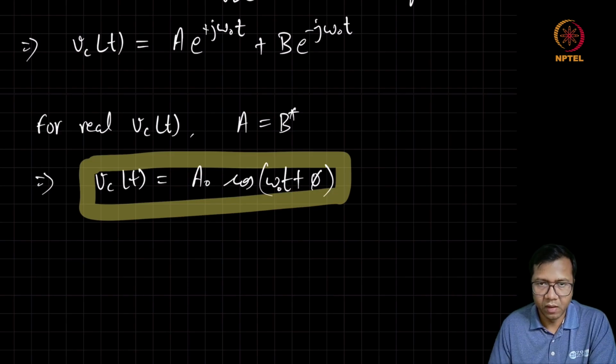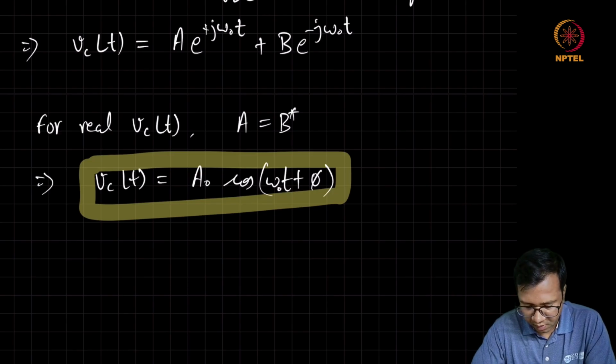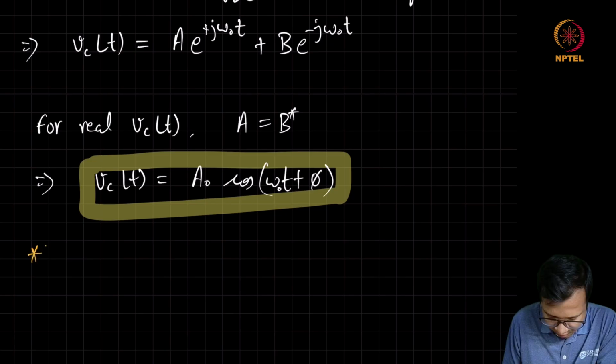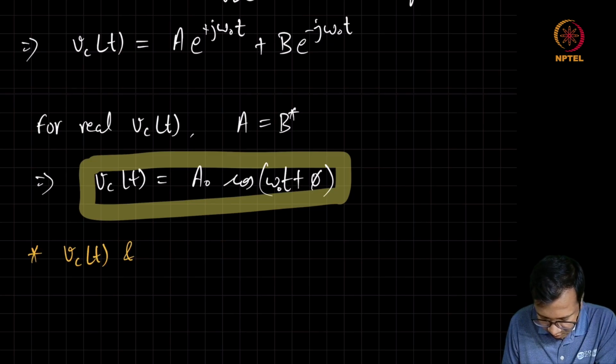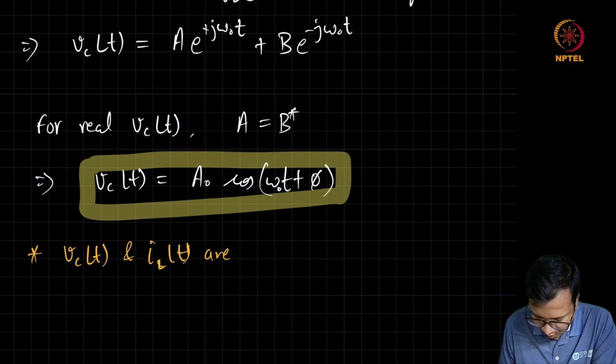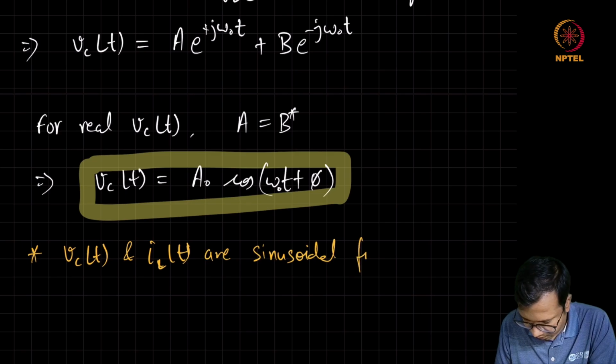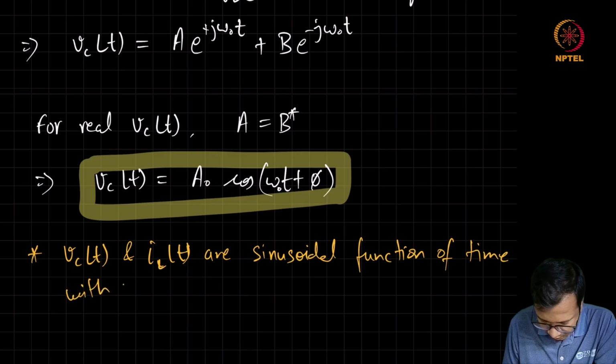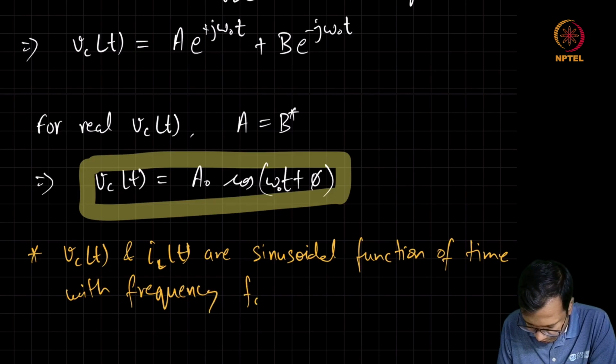That is also going to be a sinusoidal function with some amplitude and phase. So we can see that VC of t and IL of t are sinusoidal functions of time with frequency f naught equal to 1 by 2 pi root over LC.